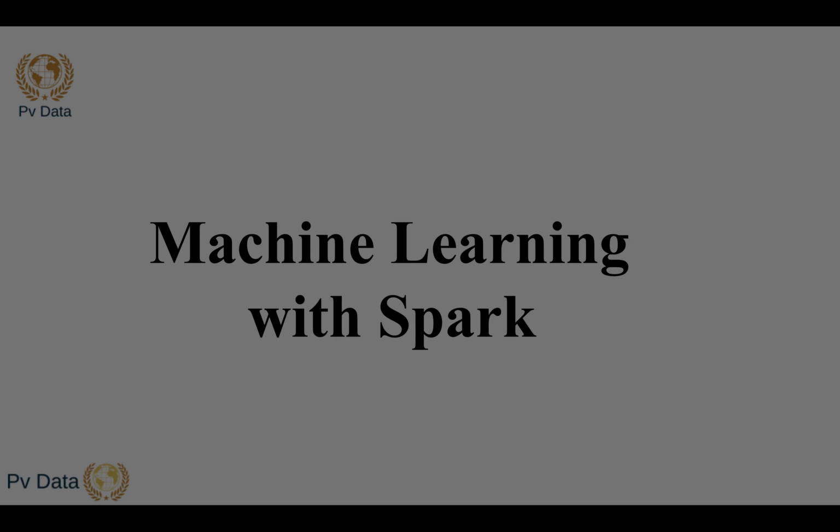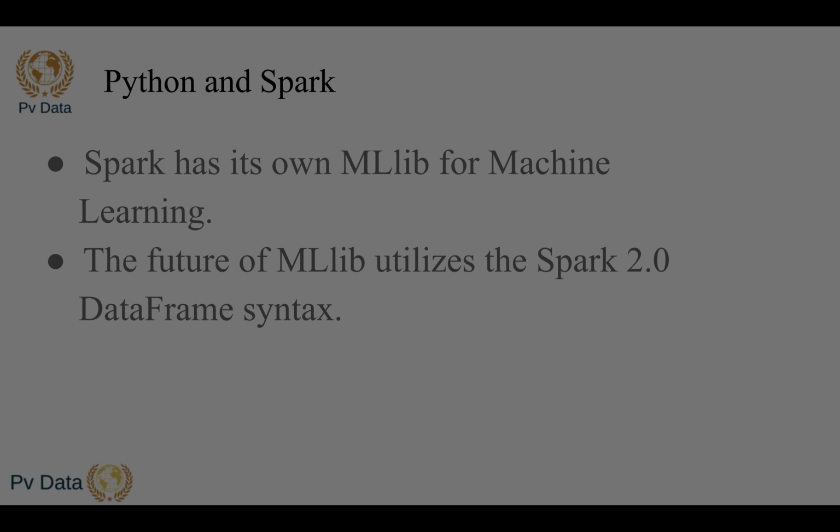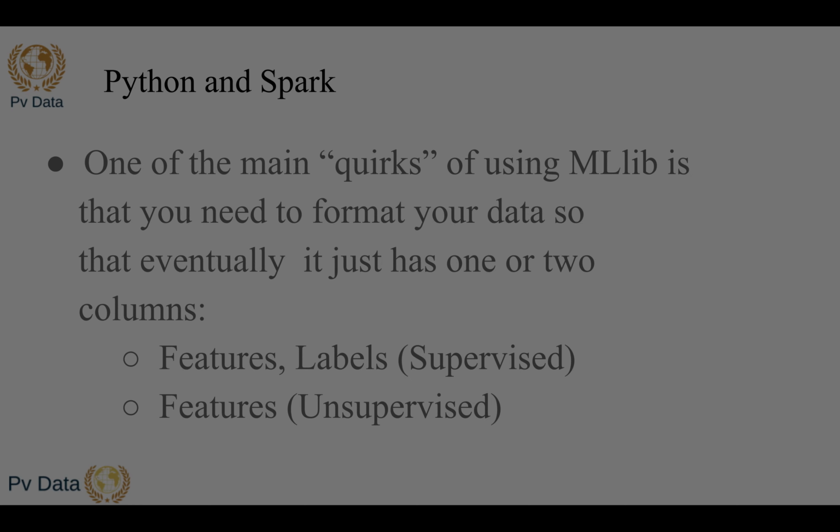Machine learning with Spark. We are going to learn machine learning with Python and Spark. Spark has its own MLlib for machine learning. The future of MLlib utilizes the Spark 2.0 DataFrame syntax. One of the main things about using MLlib is that you need to format your data so that eventually it has just two columns, features and labels for supervised learning, and only features for unsupervised.